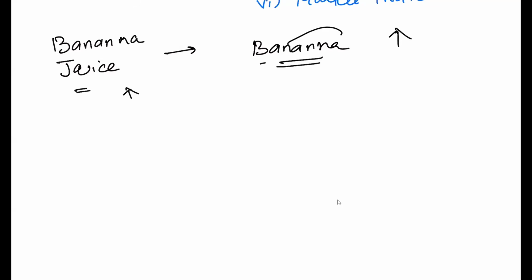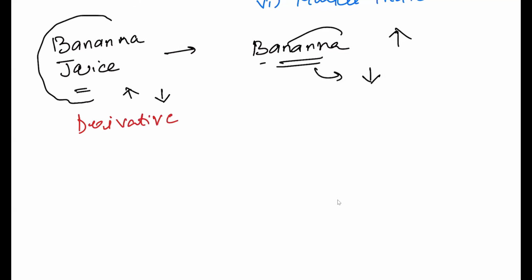Similarly, if in a given year a lot of bananas are produced, the price of banana will decrease, and similarly the price of banana juice will decrease. In this example, banana juice is the derivative because this product is deriving its value from an underlying. In our case, banana is the underlying.